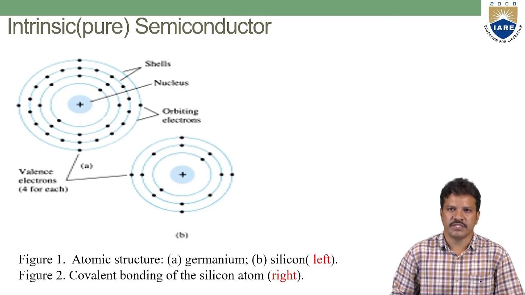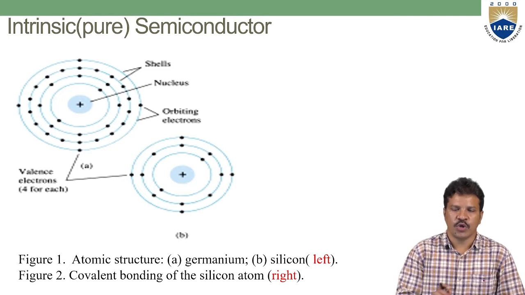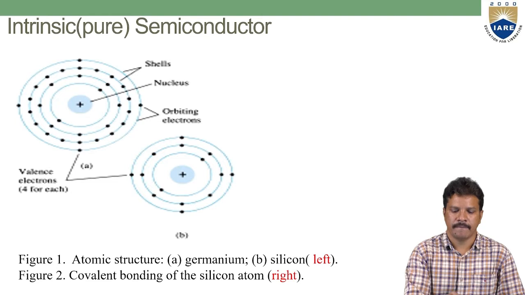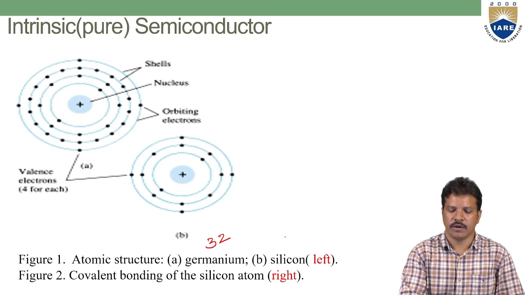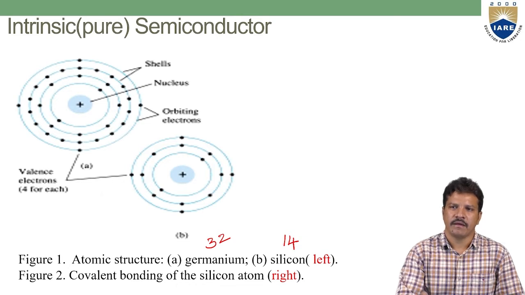Figure A represents germanium and figure B represents silicon. We know that germanium has atomic number 32 and silicon has atomic number 14. In both cases, the valence electrons are 4.